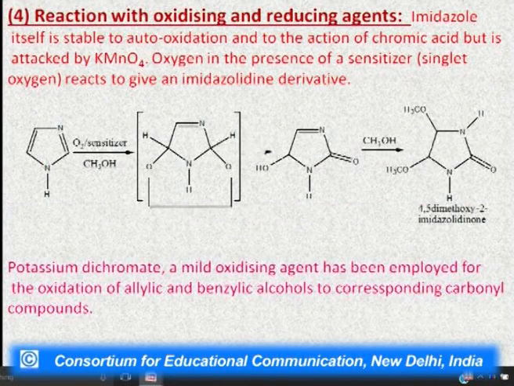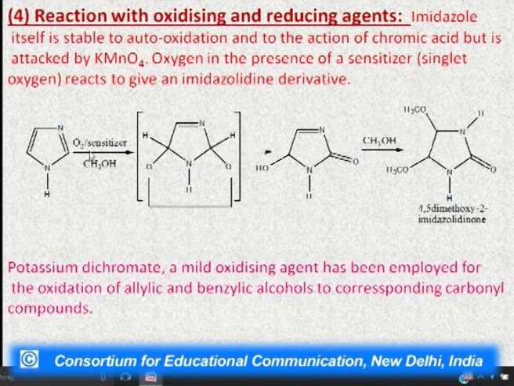Then imidazole also reacts with oxidizing and reducing agents. Imidazole itself is very stable to auto-oxidation and to the action of chromic acid, but is attacked by potassium permanganate. Oxygen in the presence of a sensitizer will act as singlet oxygen and will react to give an imidazoline derivative. So, this is the imidazoline.